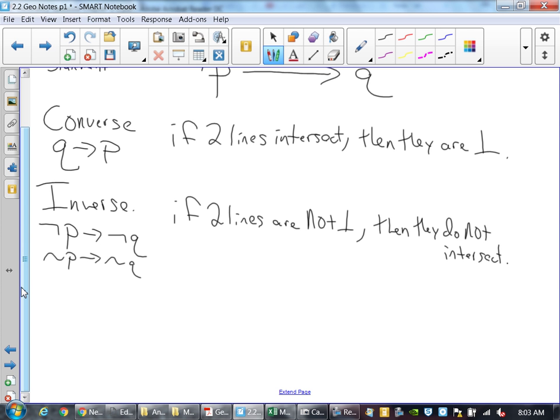I put the word not in both parts of the original statement.